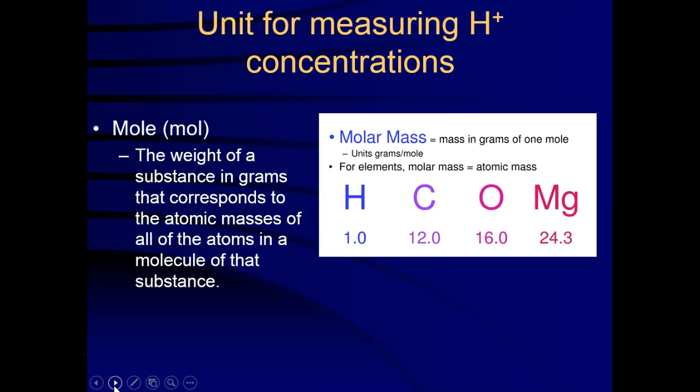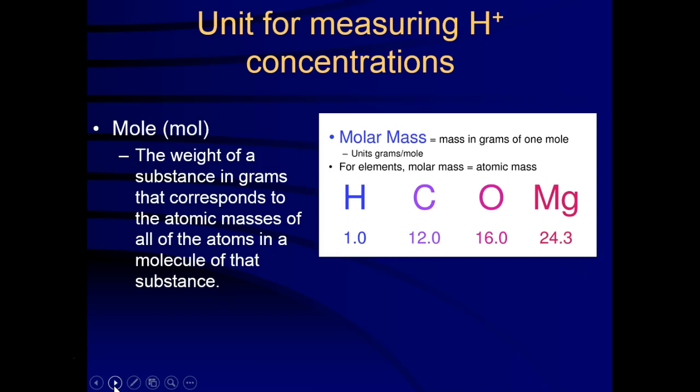Let's look at carbon. Carbon has 6 protons and 6 neutrons, so its atomic mass is 6 plus 6, that's 12. So 1 mole of carbon would weigh 12 grams. If we had 12 grams of carbon, that would be 1 mole of carbon.